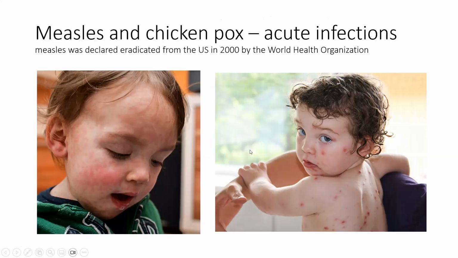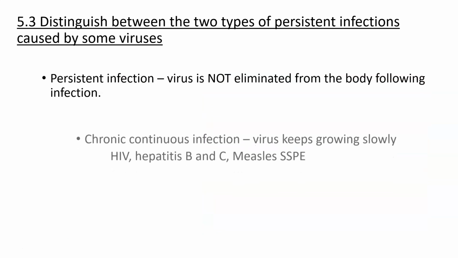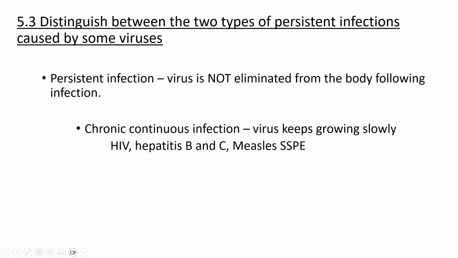Measles, I told you, is an acute infection. Here's a kid with an acute measles infection. And the people that argue against measles vaccine say, oh, well, this is all you get. You might feel lousy for a week, but then you'll be okay. And that can happen. You can get sick for a week and you can get better and never be any worse off for it. But sometimes, and it's rare, but it does happen, measles virus can become a chronic continuous infection.